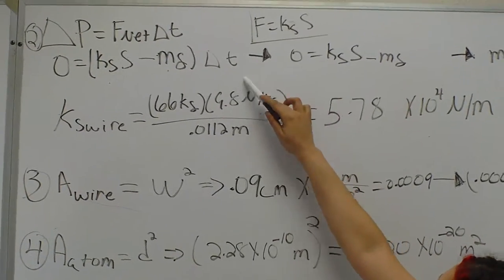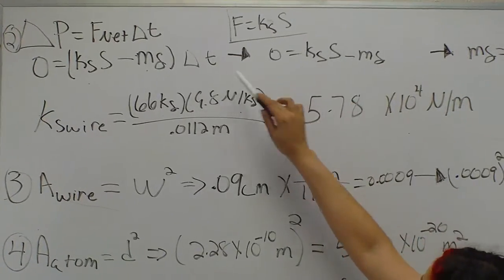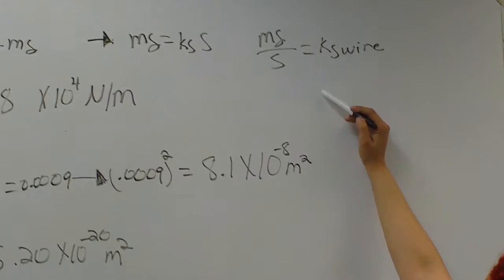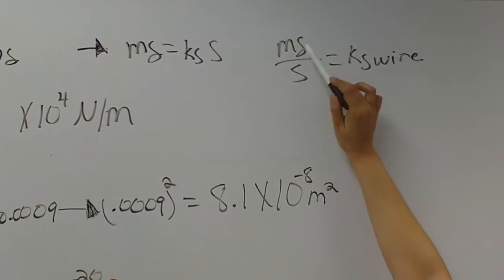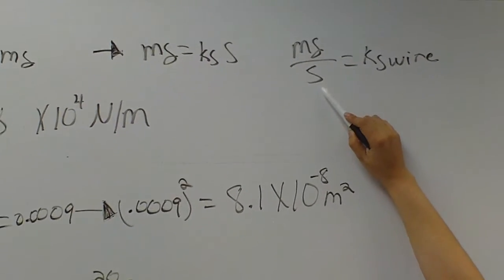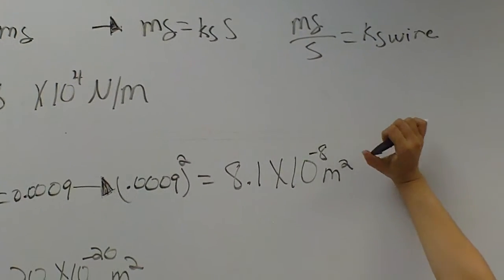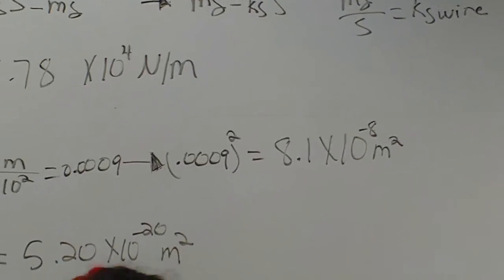We're going to algebraically go to where you have your mass times gravity divided by the stretch, which gives you the spring constant of the wire.